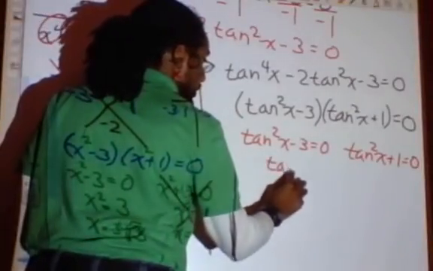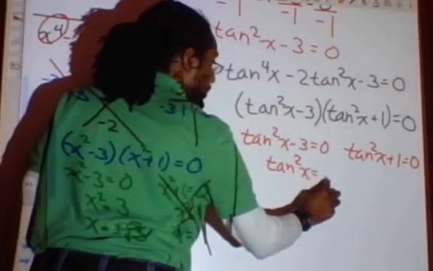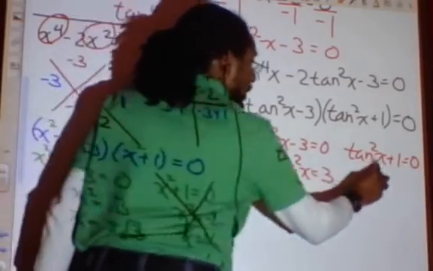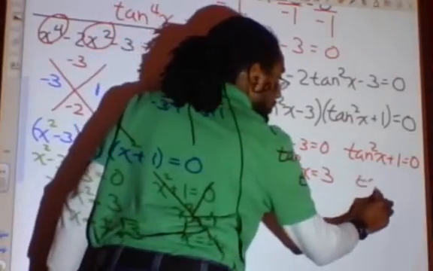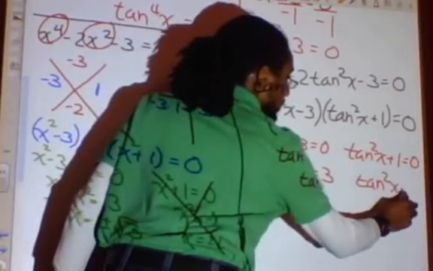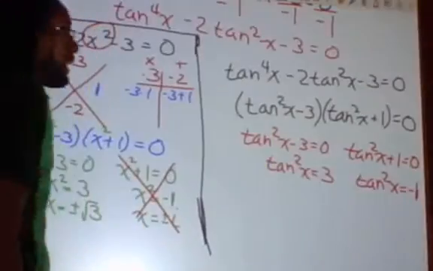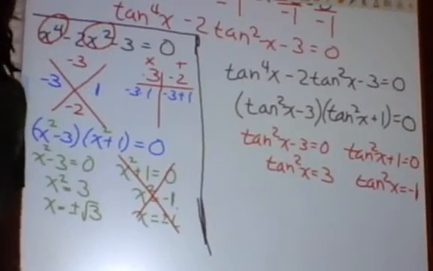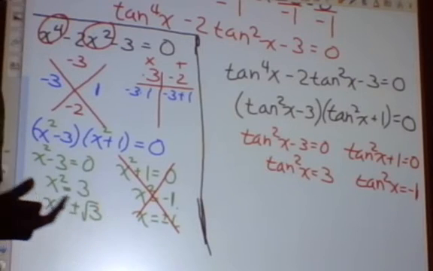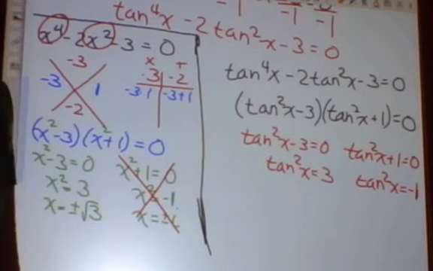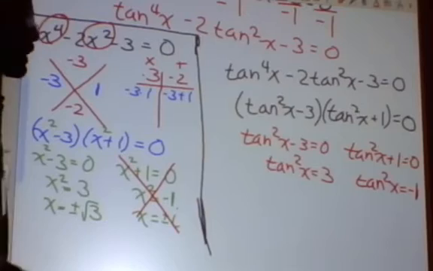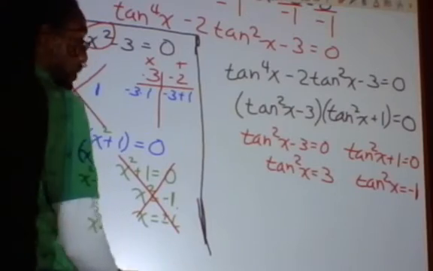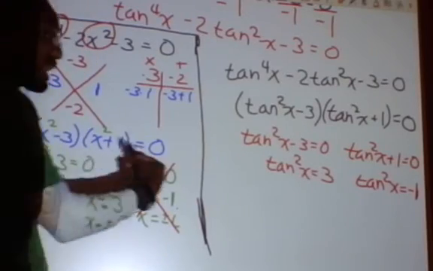So we're looking at tan squared x equals a positive 3. Add -1 to the other side. So tan squared x equals -1. And with this, we don't know, because we've never dealt with tan squared values. We've only dealt with tangent values. So if that's the only thing we've dealt with, then we take the square root just like we did here. Take the square root of both sides.